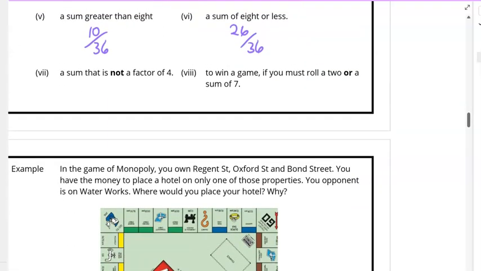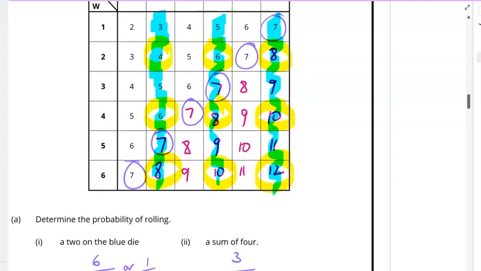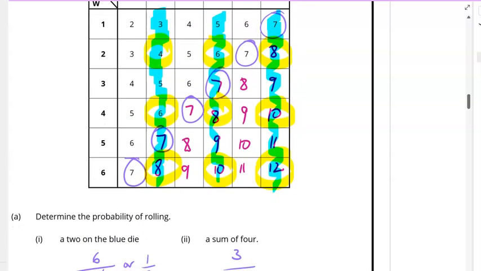A sum that is not a factor of 4. What are the factors of 4? 1, 2 and 4. So any sum that is not 1, 2 and 4, so it's easier to go, well, there's 4 of them that have a factor of 4, so 32 of them will not.